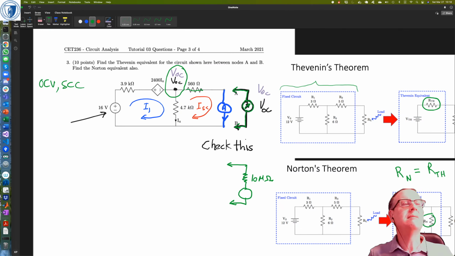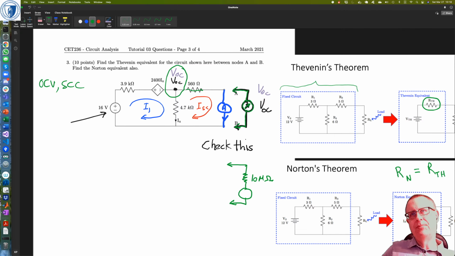The reason I say that is because nodal analysis, maybe we could do nodal, but we need to have a supernode there across that dependent source, right? So let's try nodal analysis, right?